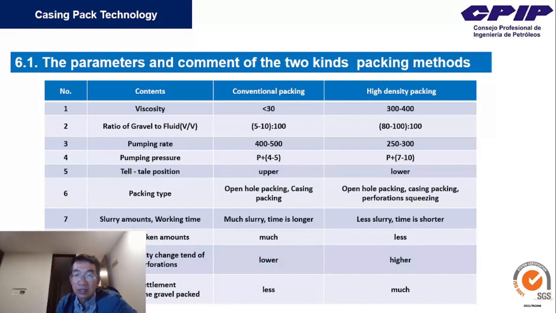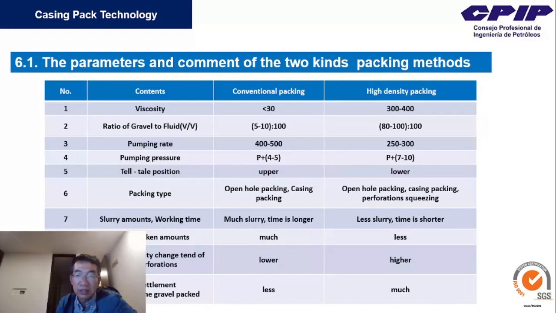Pumping pressure is P plus 7 to 10. Tire position is lower, and the packing type is open hole packing, casing packing, perforation screens, and the slurry amount and working time is less slurry, time is shorter.